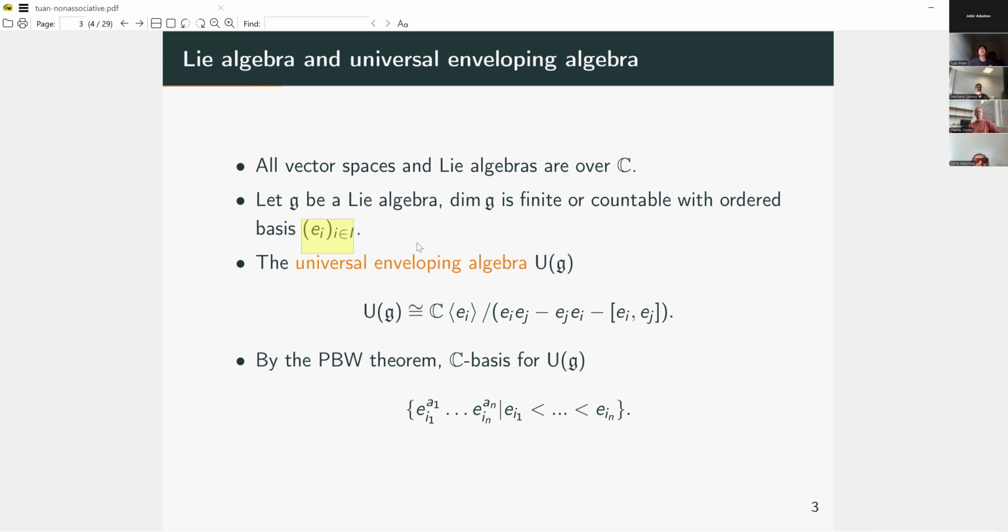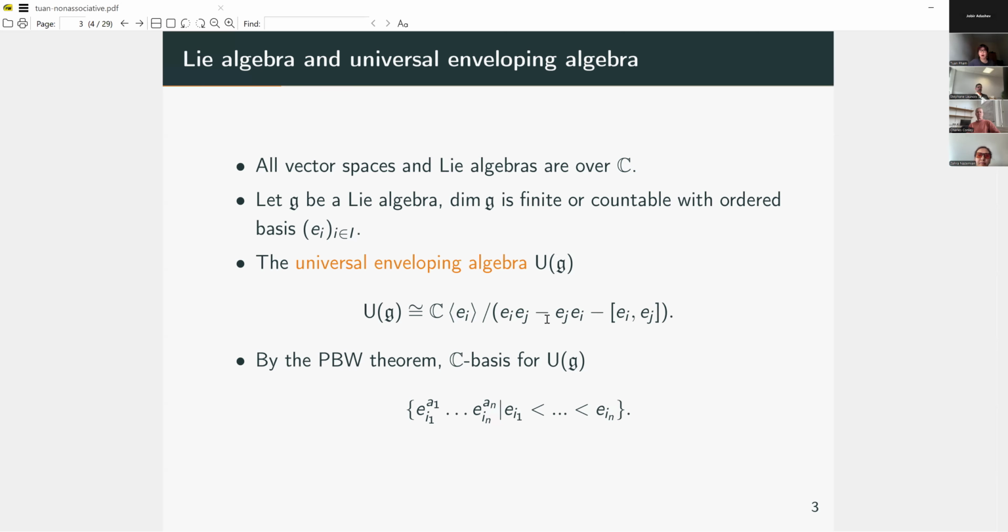Usually in ring theory, we want to study representations of g, and in doing so, the natural thing is to look at modules over the universal enveloping algebra. The universal enveloping algebra is defined as follows. It is the free algebra generated by the basis e_i, quotiented out by the relation defined by the bracket.